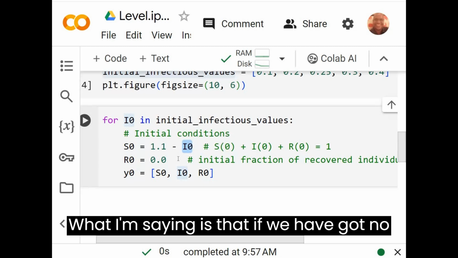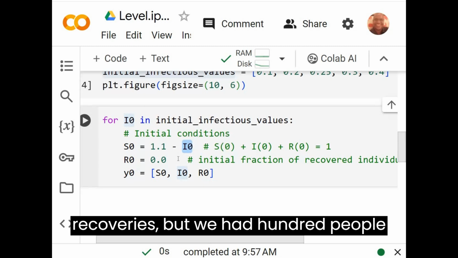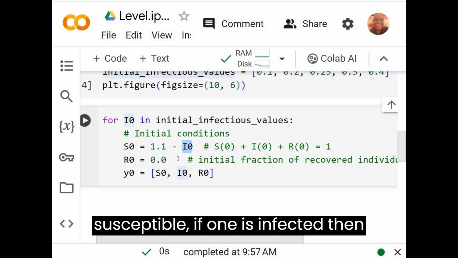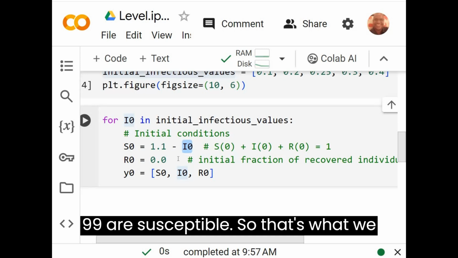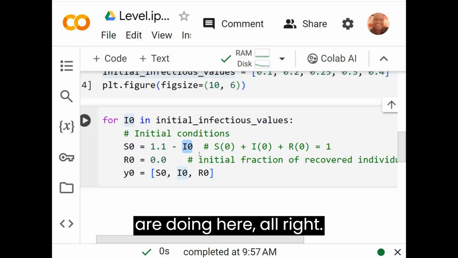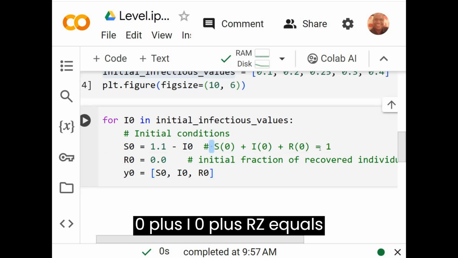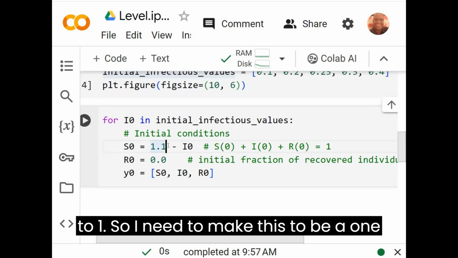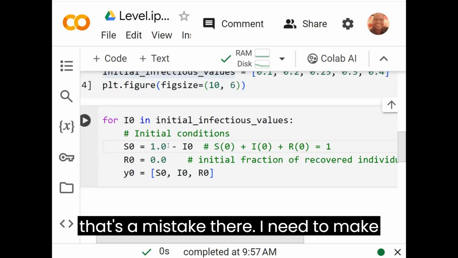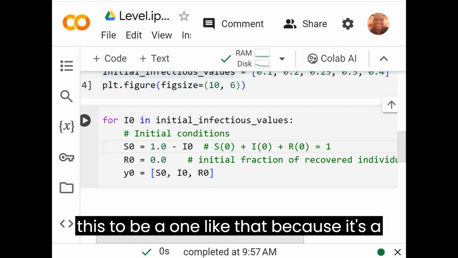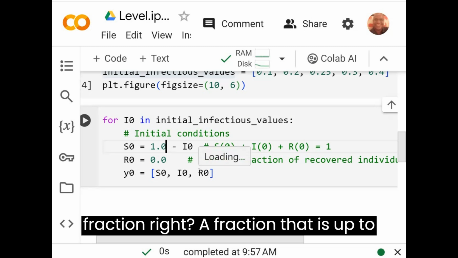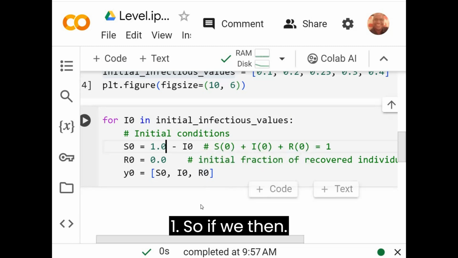What I'm saying is that if we have got no recoveries, but we had 100 people susceptible, if one is infected, then 99 are susceptible. So that's what we are doing here. And here we are given that S0 plus I0 plus R0 is equal to 1. So I need to make this a 1. That's a mistake there. I need to make this a 1, like that, because it's a fraction, right? A fraction that adds up to 1.